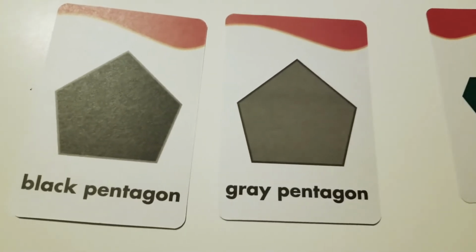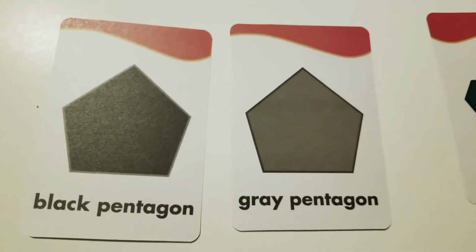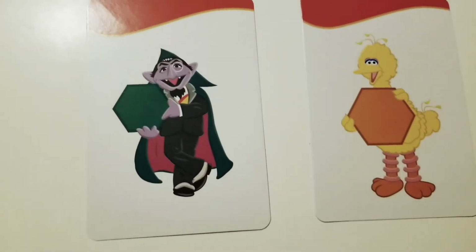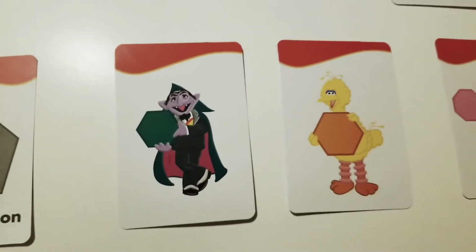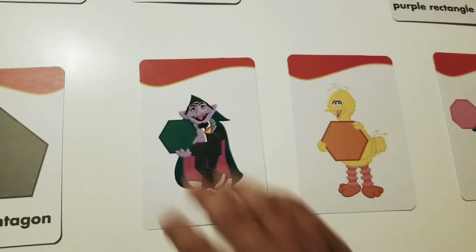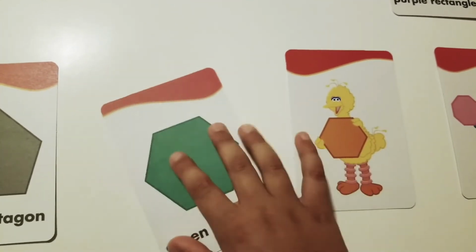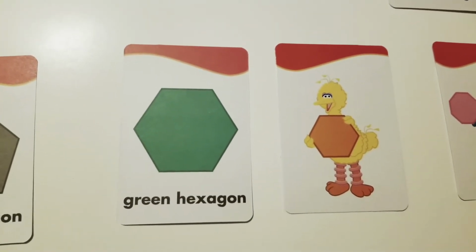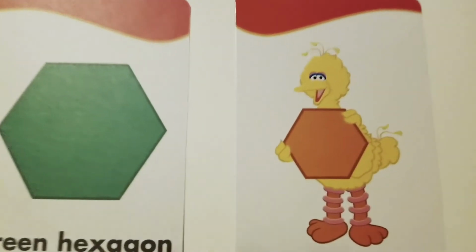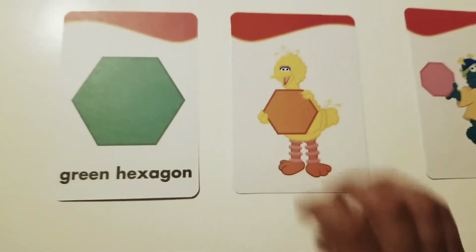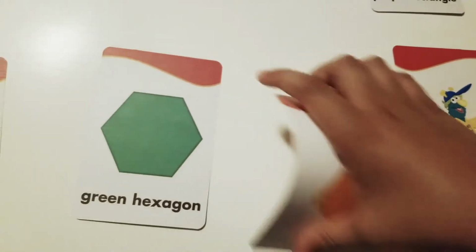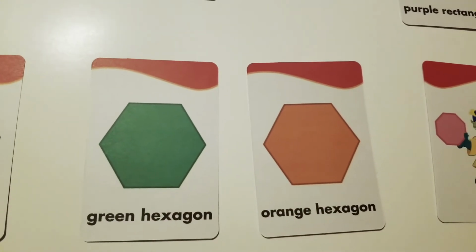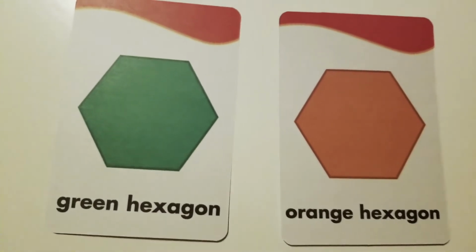Grey, sileti. Oh, these are such funny pictures. What do you think this shape is, friends? Hexagon. It's a green hexagon. Green is hara. And that's an orange hexagon. Orange is narangi.